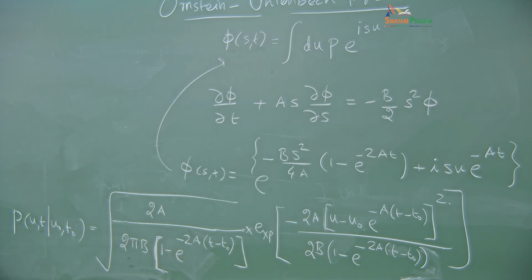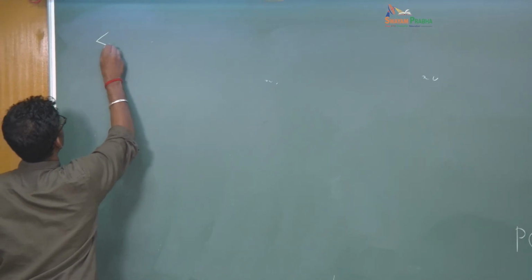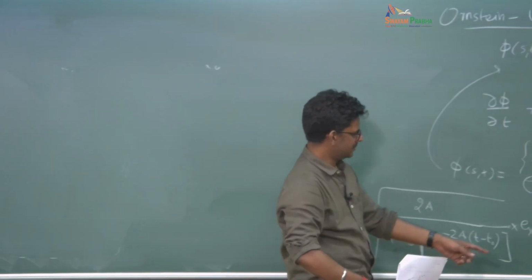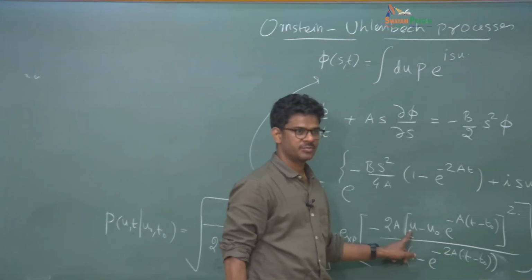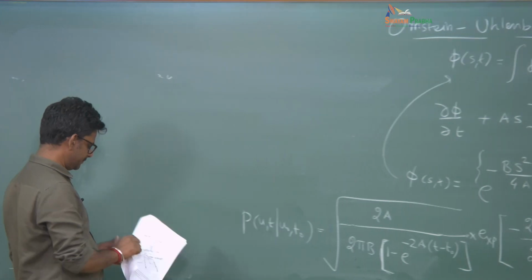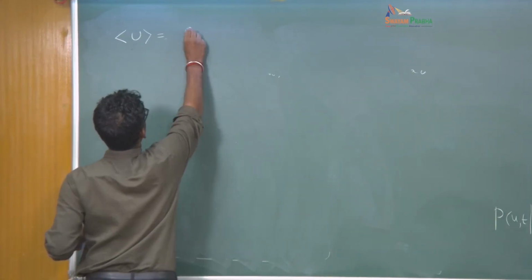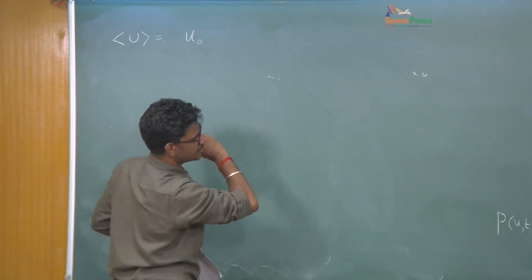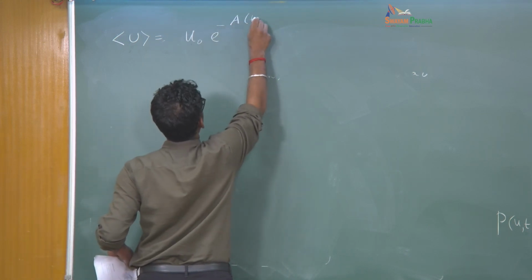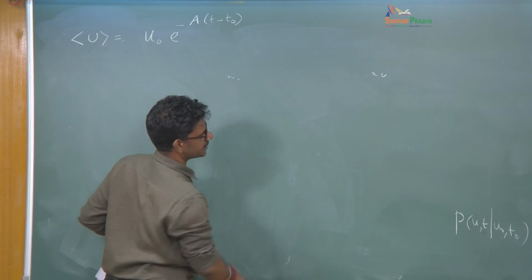Here you will see that the mean of u is nothing but, this entire thing is your mean value, u naught e to the power minus a times (t minus t naught).